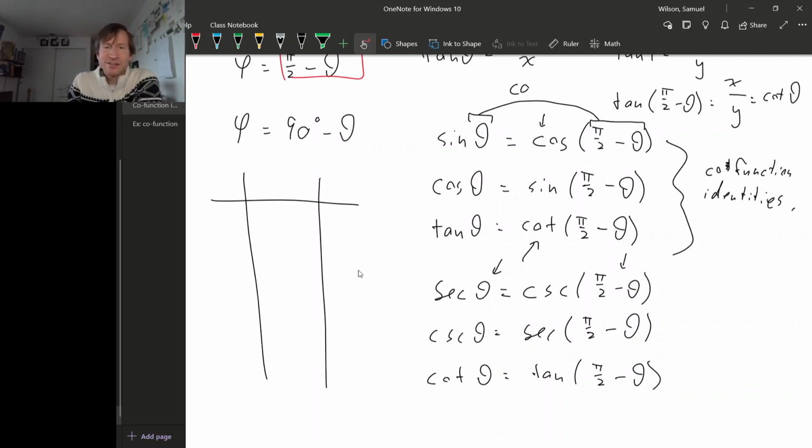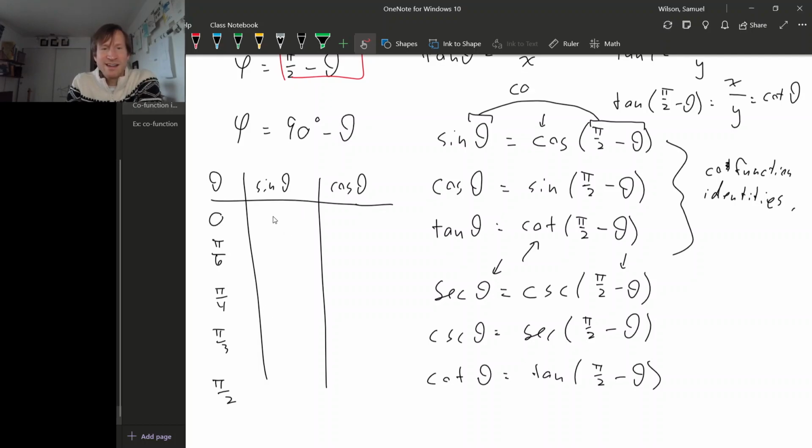So just as a quick example, if we have an angle theta and sine theta and cosine theta, right, sort of the nice angles in the first quadrant are 0, pi over 6, pi over 4, pi over 3, and pi over 2, right?